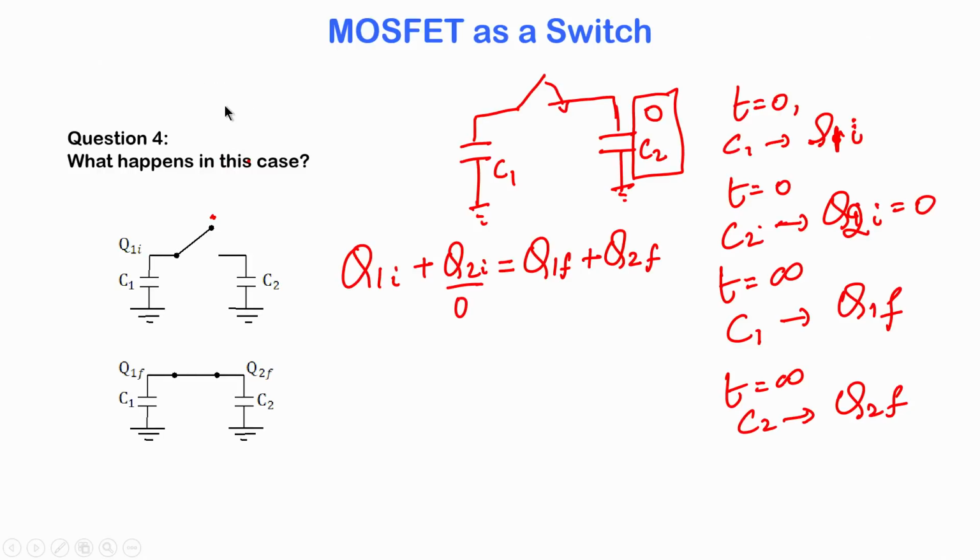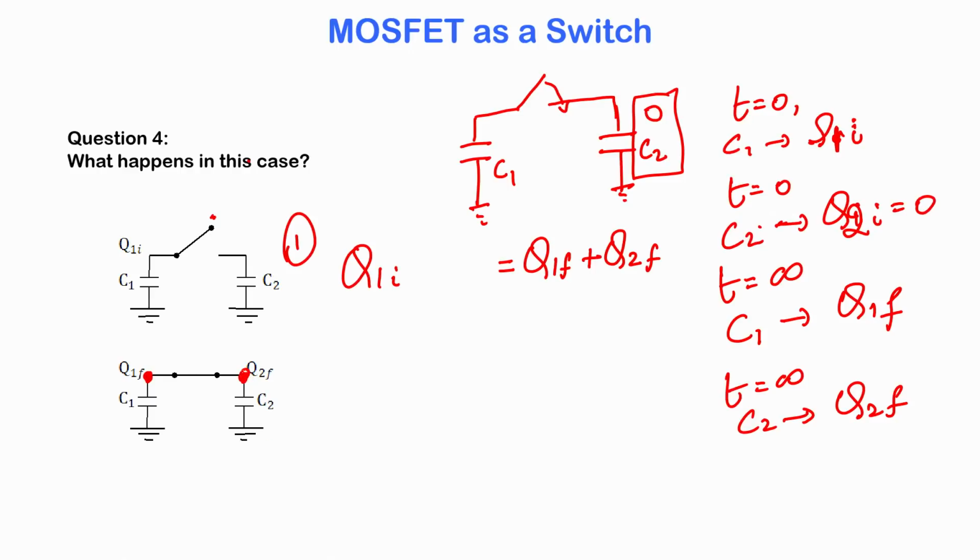So, according to charge conservation, you get one equation. After you have short circuited this, at t equal to infinite, these 2 points must have the same voltage. They cannot have different voltages, they are short circuited.